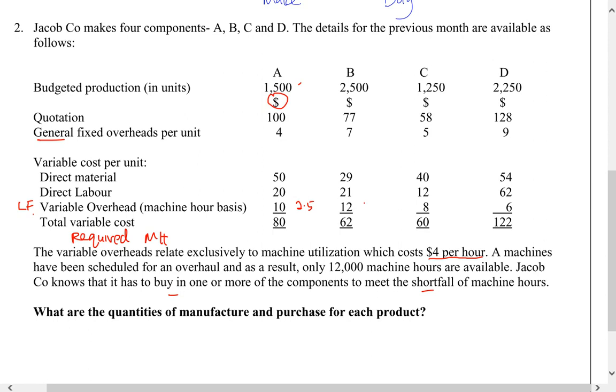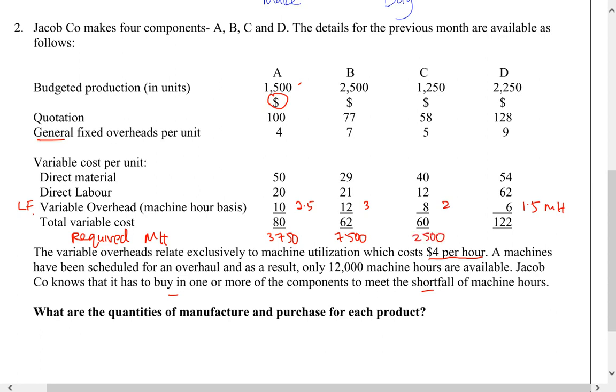This one, 3 hours, 2 hours, and 1.5 hours of machine hour. One unit requires 2.5 hours. I plan to produce 1,005. What is the required? 3750 machine hours, 7500 machine hours.